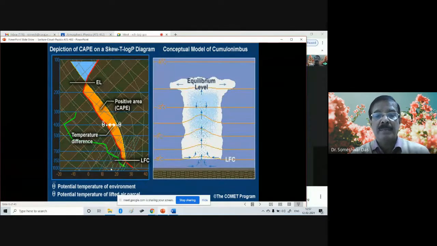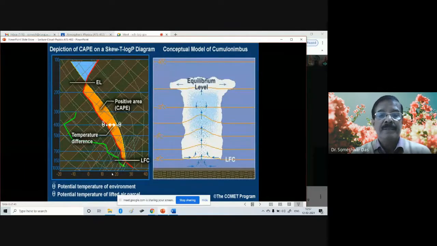Let us say this is the surface, the 1000 millibar pressure level. When the parcel of air is lifted from here, initially because it is dry, it will follow the dry adiabat, which are these lines. Similarly, from the dew point temperature line, we follow the mixing ratio line.